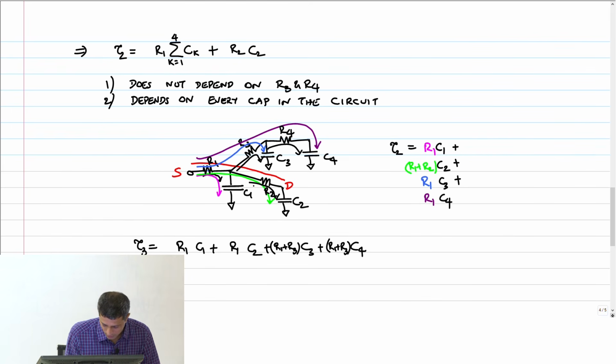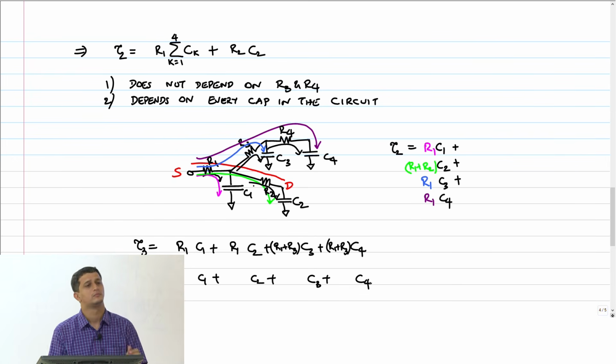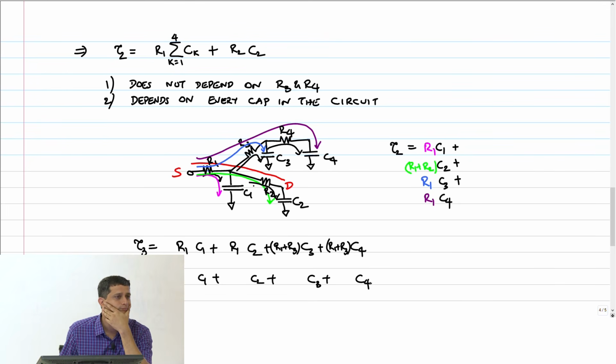Now, what is tau 4? Again, C1 plus C2 plus C3 plus C4. R1 for C2, R1, here.